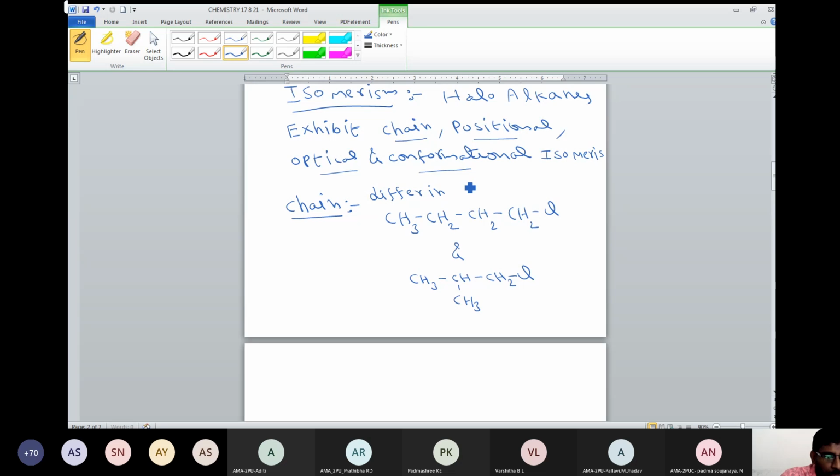Chain isomers differ in carbon chain length. So these are the chain isomers.